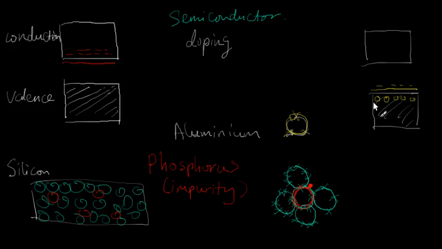Now, these empty spaces that are left behind are called holes. So it's like a shortage of electron, and each of these holes actually behaves like a positive charge. Okay, so that's what I mean when I say it's a very strange situation. So the so-called holes, meaning the empty spaces left behind, behave like positive charges.